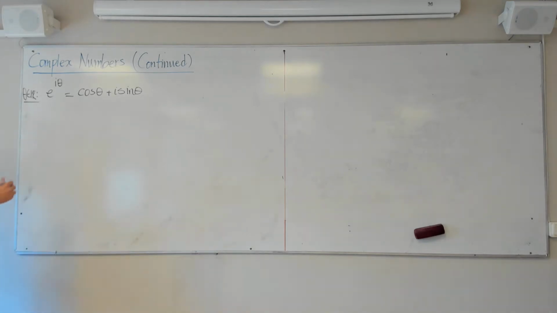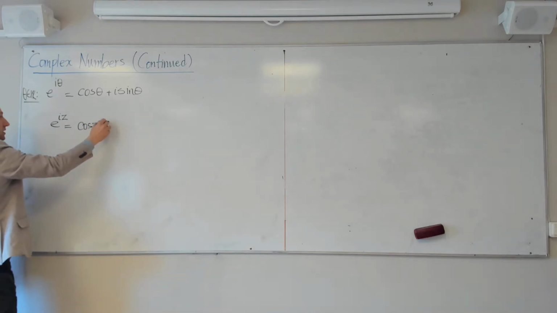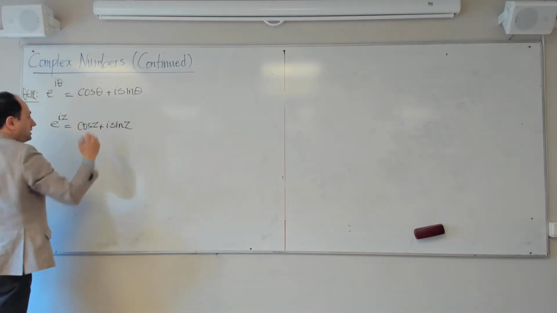Then I wanted to extend this formula so that it is not only correct for real numbers. My demand is that this formula is also correct if theta is a complex number. If I want to do this, I prefer to do it in this way, so that I want to write cosine z plus i sine z, yes?